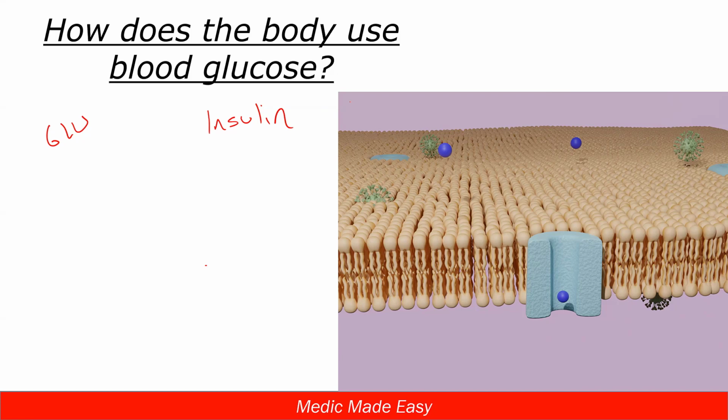If this is outside the cell and this is inside the cell, and for the sake of argument these little blue guys are sugar, or glucose, we have to have a mechanism in the body to get that sugar from outside the cell to the inside. That assistance process is the insulin. Our pancreas makes this insulin, which floats around inside the body.